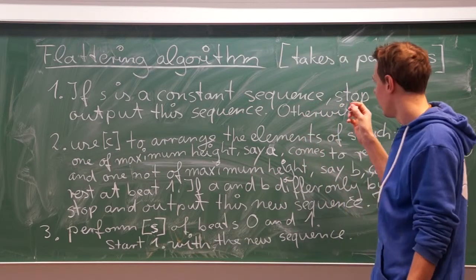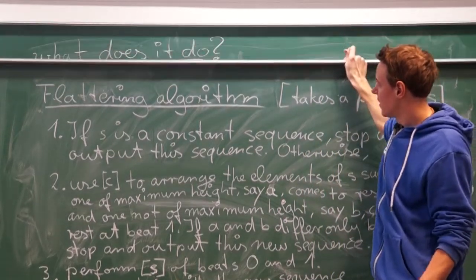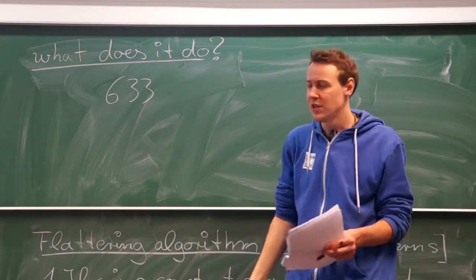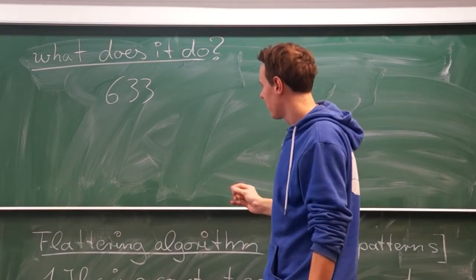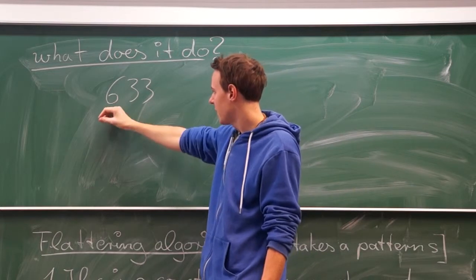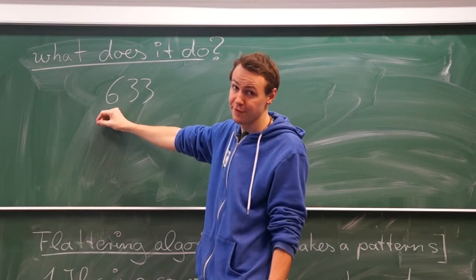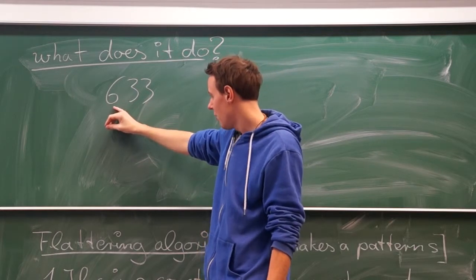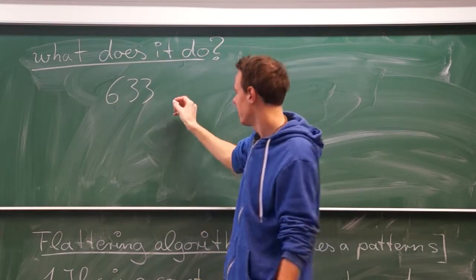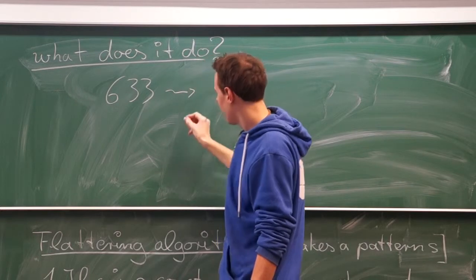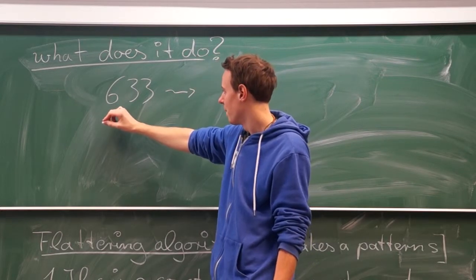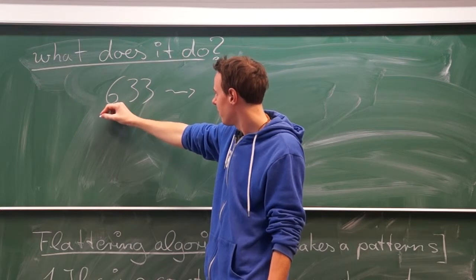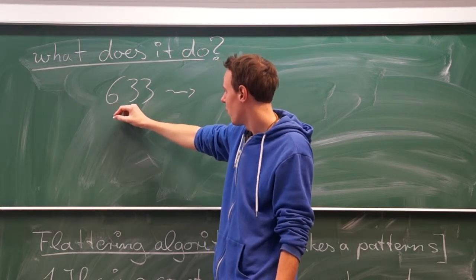And when we have a closer look, for example, at fixed 3 as our sequence, then it will shift it until the maximum is at beat 0, which is the first beat. So this is already a position where we use the swap operation. So I swap the object on beat 0 and on beat 1.